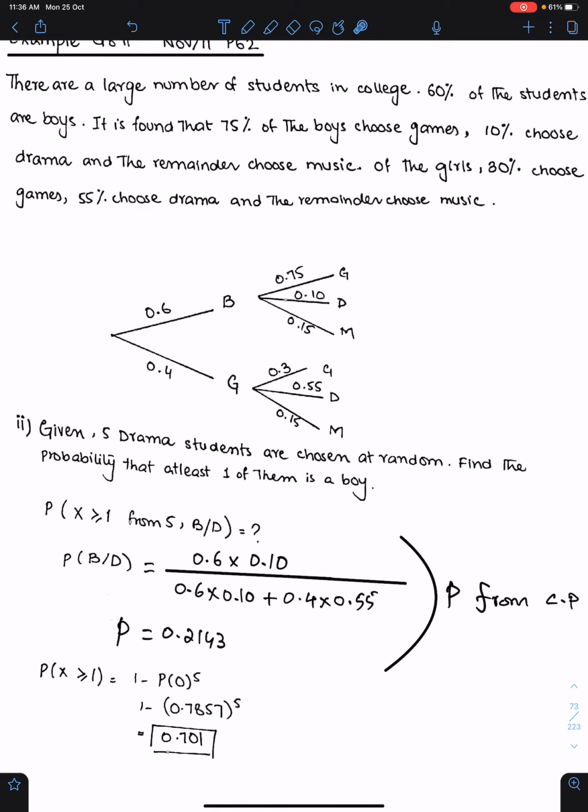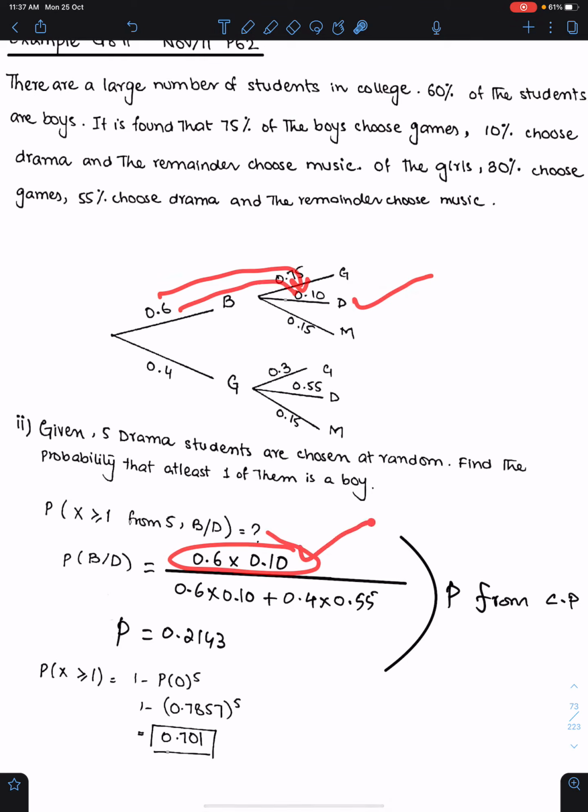So we first need P for this binomial distribution model, and we will find P with the help of conditional probability like this. Boys who choose drama should be in the numerator: 0.6 times this, and these two results should be in the denominator. You all know how to find conditional probability.